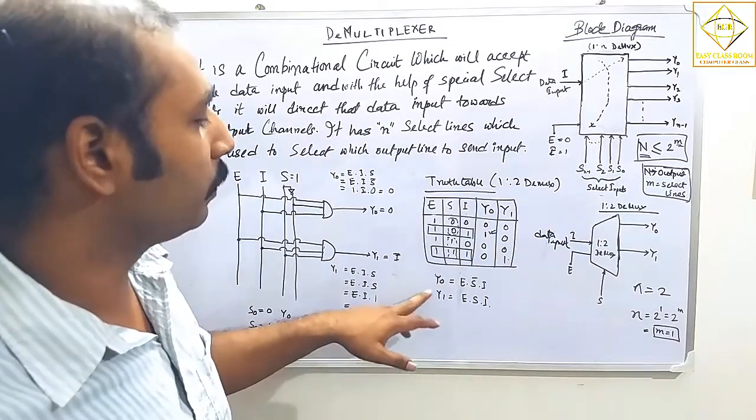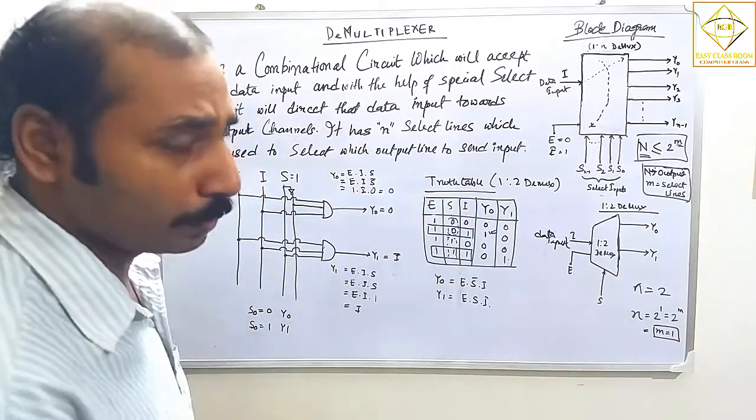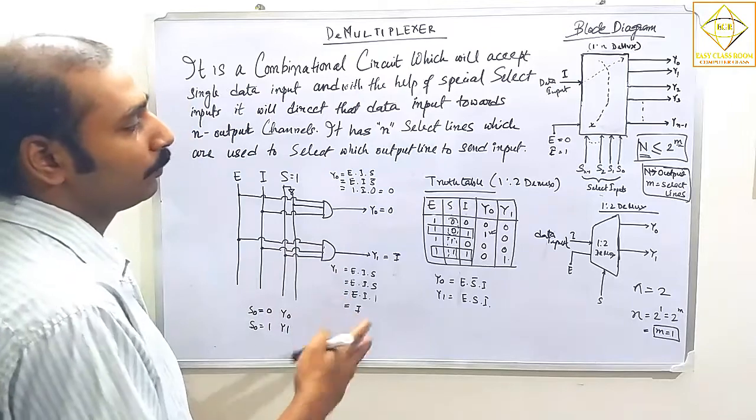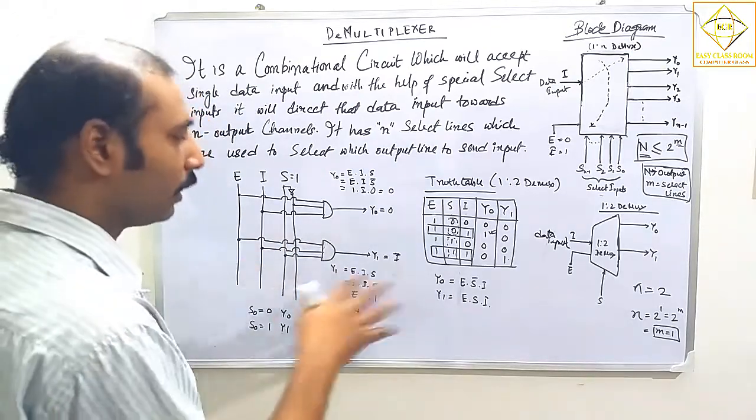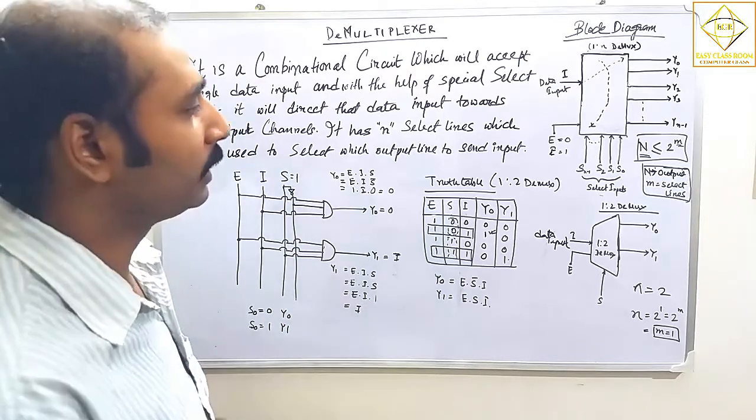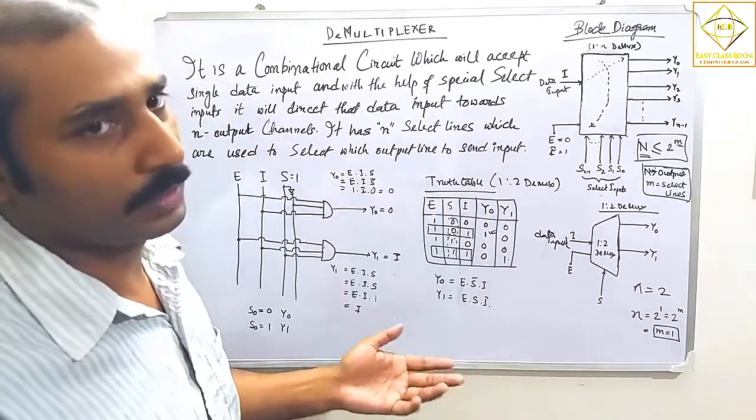For the 1:2 demux, these two are the outputs, and this is how for any 1:4, 1:8, 1:16, this logic will be performed, and these will be the operational procedures.